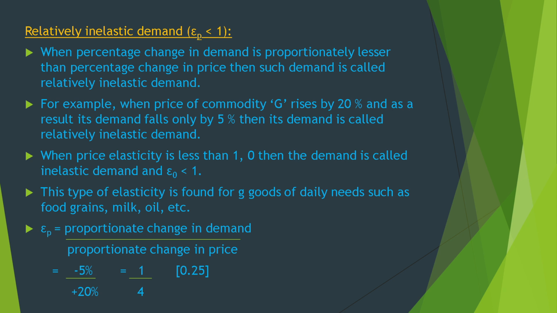When price elasticity is between 0 and 1, the demand is called inelastic demand, 0 less than EP less than 1. This type of inelasticity is found in goods of daily needs such as food grains, milk, oil, etc. EP equals proportionate change in demand divided by proportionate change in price. Minus 5% divided by plus 20% equals 1 divided by 4 equals 0.25.